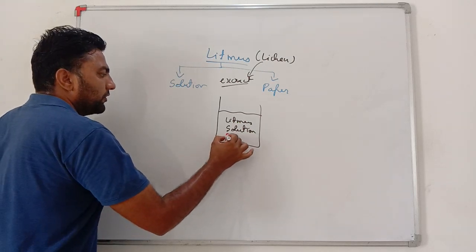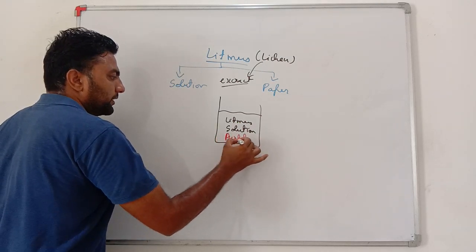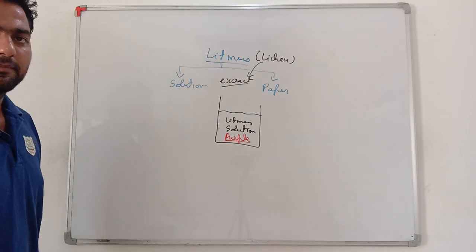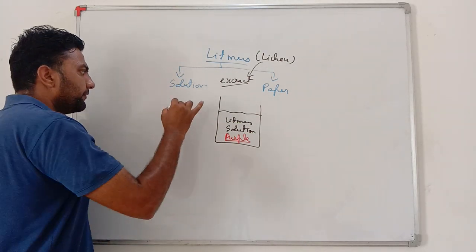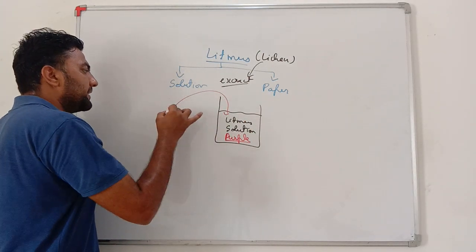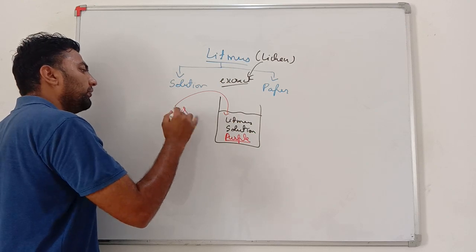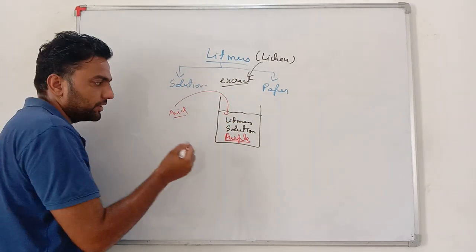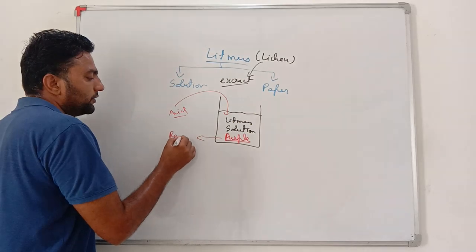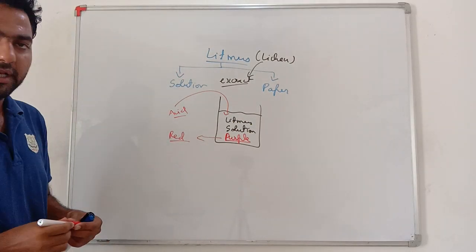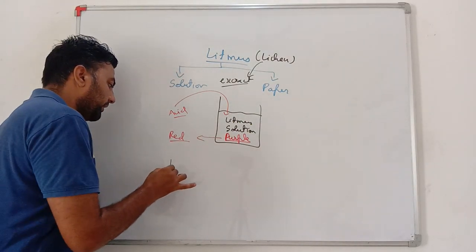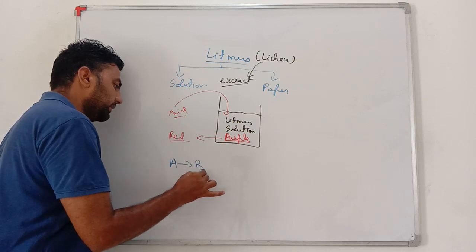Basically, the general color of litmus solution is purple. Very important. If we put acid in this litmus solution, the color will turn into red. Very important. If acid, it will turn into red.